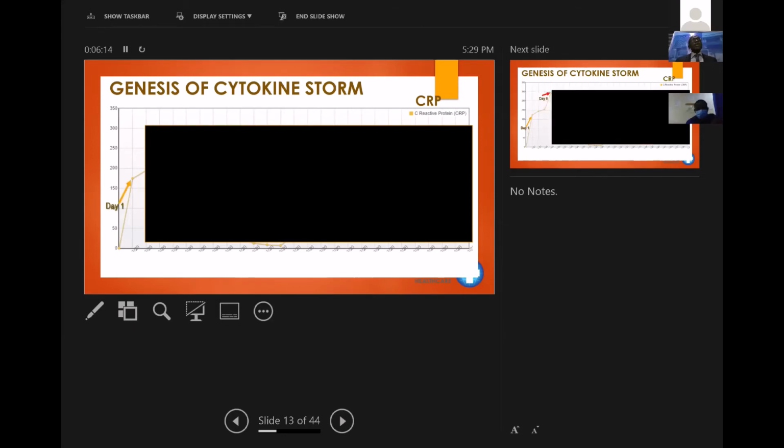Now, this is tracing his cytokine storm, showing the progress of the CRP. On day one, he had a level of about 180. By day 5, it had gone up to almost 300. At this time, his procalcitonin levels were high, and he was commenced on intravenous broad spectrum antibiotics. He also developed leukocytosis.